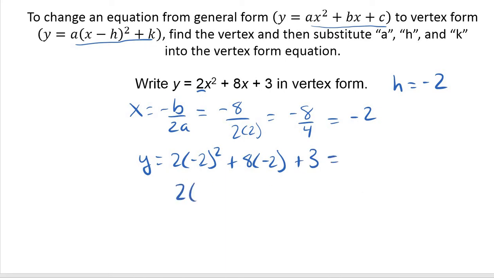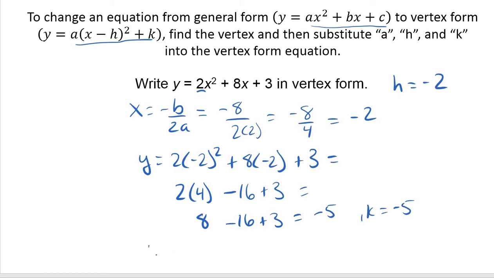So negative 2 squared is 4. 8 times negative 2 would be minus 16, plus 3. So 8 minus 16 is negative 8, plus 3 would be negative 5. And so I just found my k value is negative 5.